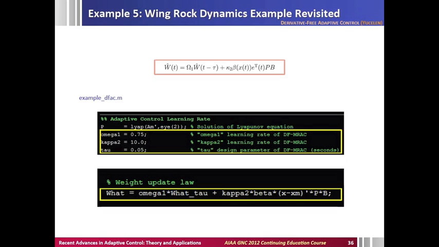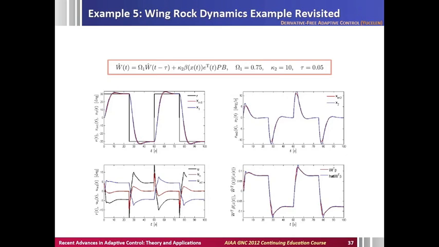This is how the weight update law is implemented. Basically, this is the response when the derivative-free adaptive controller is on, and here I choose the design parameters. You can take the code, just play with the code, see what happens.